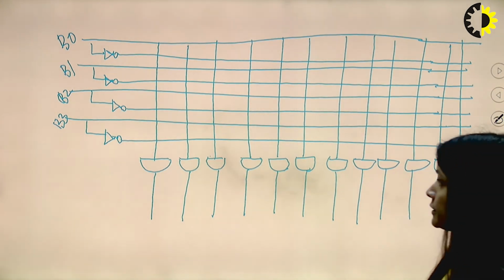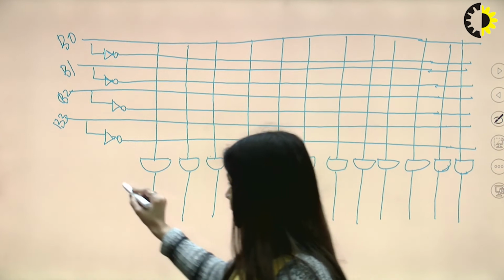Now I should have 4 OR gates. I will make them here.